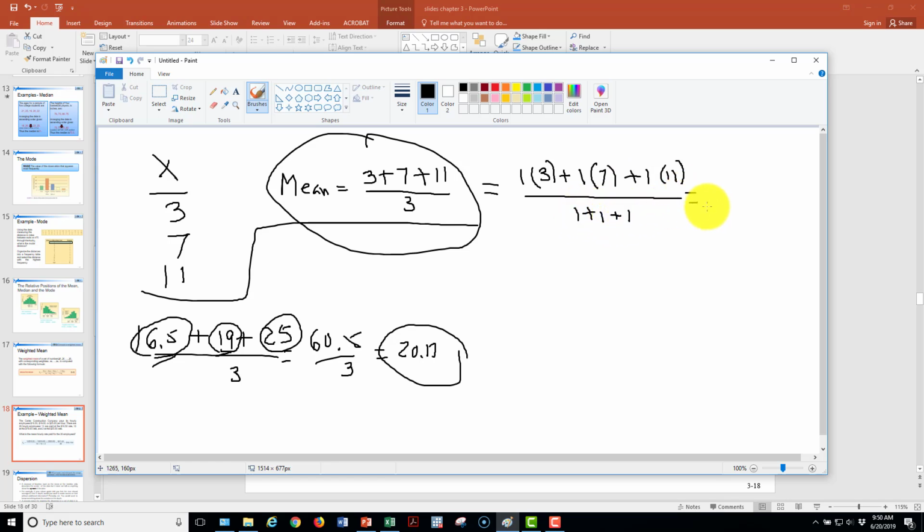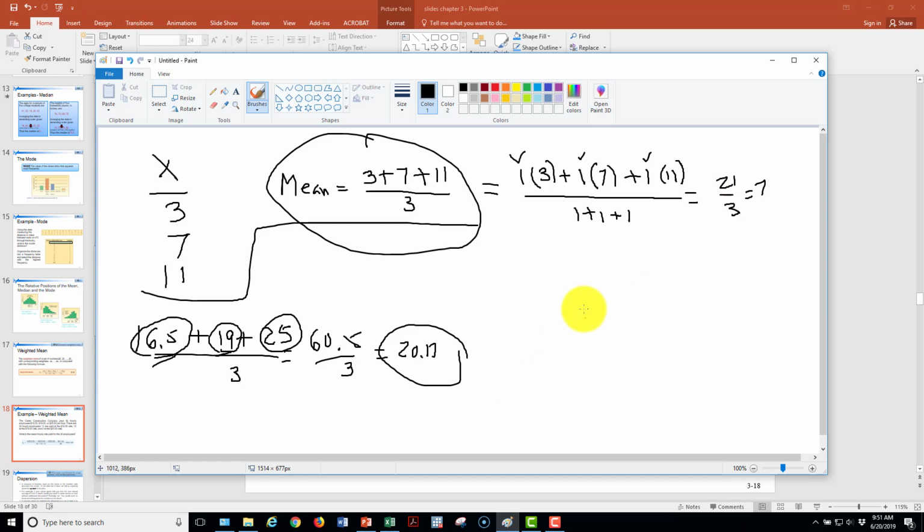That's what we do when we use the normal formula, adding the numbers divided by the number of numbers. We're just using a weight of 1 for each number, so we think that each number is equally important. When we do that, we get the same result of 21 divided by 3, which is 7.